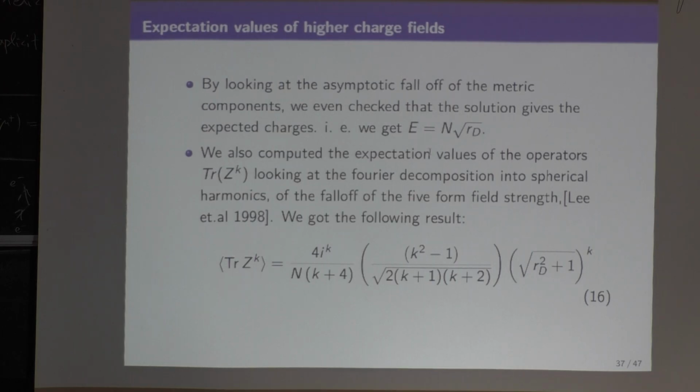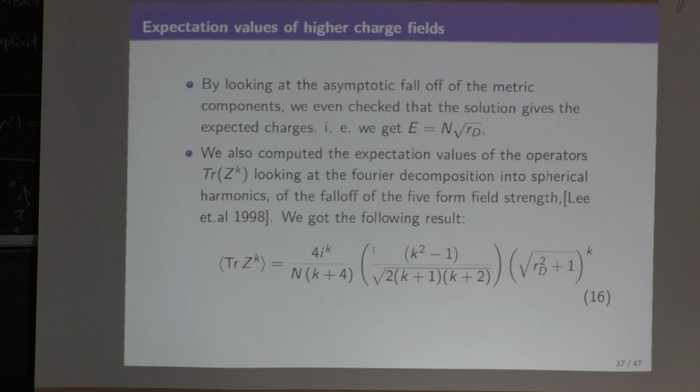And we can also do one thing. We know the 5-form field strength which is sourced by this D3 brane, and by doing the Fourier decomposition of this 5-form field strength into spherical harmonics of S5, we can find the expectation value of higher trace operators. These are the higher charge fields, and we can explicitly find their formula.